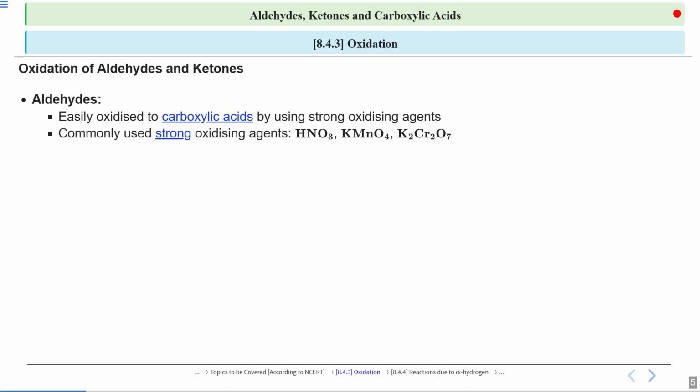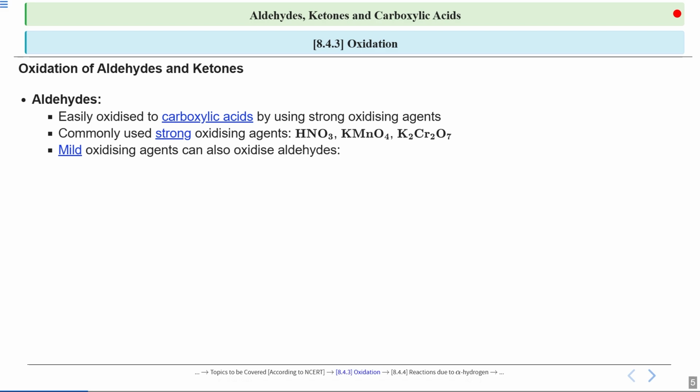Some common strong oxidizing agents which we use in this process include nitric acid, which is HNO3, potassium permanganate, which is KMnO4, and potassium dichromate, which is K2Cr2O7.